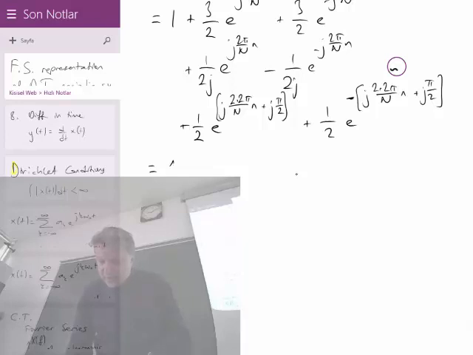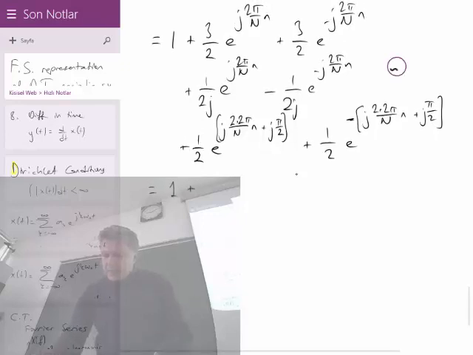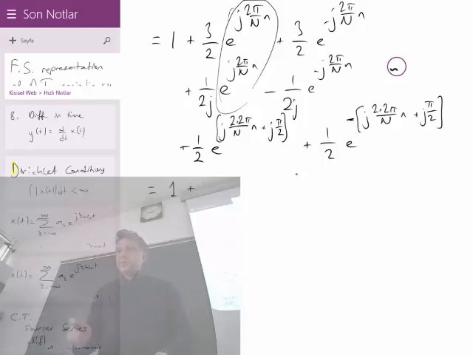So we have the whole thing to be equal to 1 plus. As you see, these two share a common exponent. So they correspond to the same harmonic. So we have to combine the corresponding coefficients, which is 3 over 2 plus 1 over 2j, e to the j 2 pi over N.